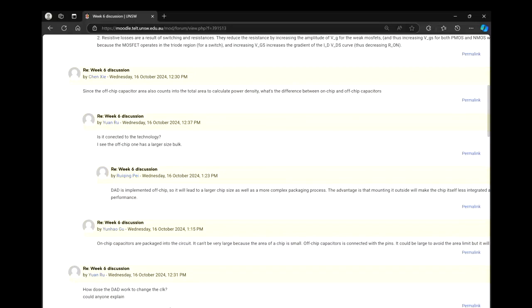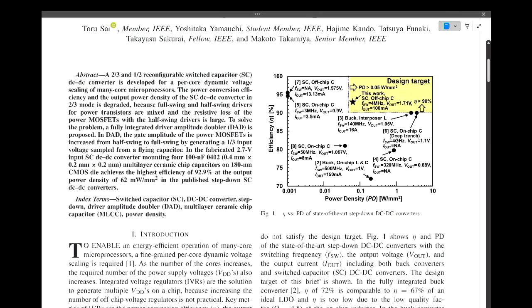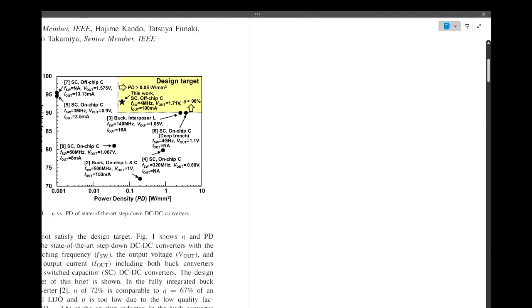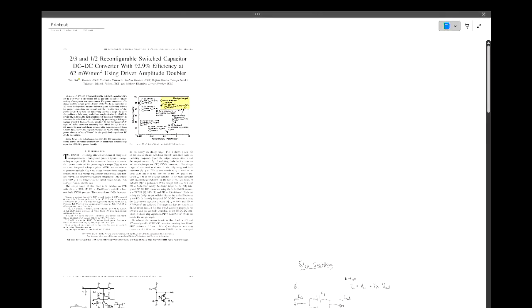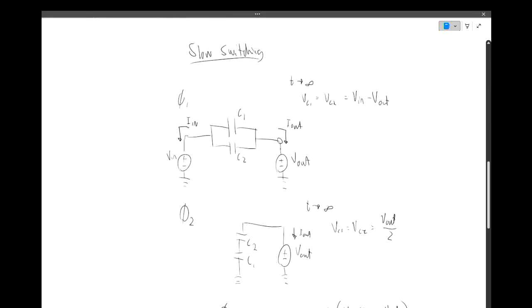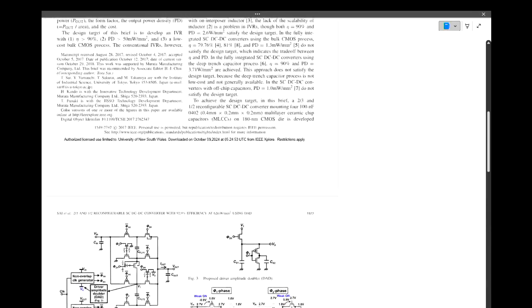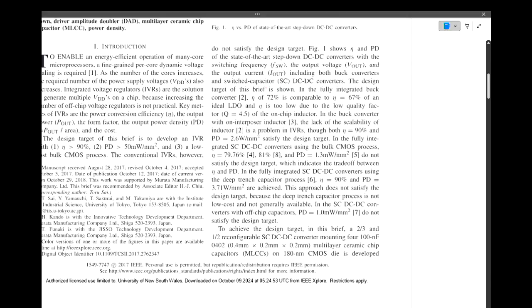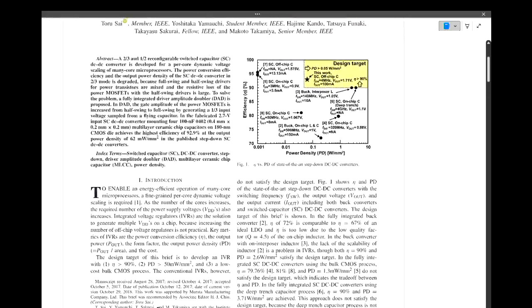This one is about this second circuit. I can't really imagine how that works. During phi 1 this charges, right? Yes, during phi 1 you charge the input capacitor.